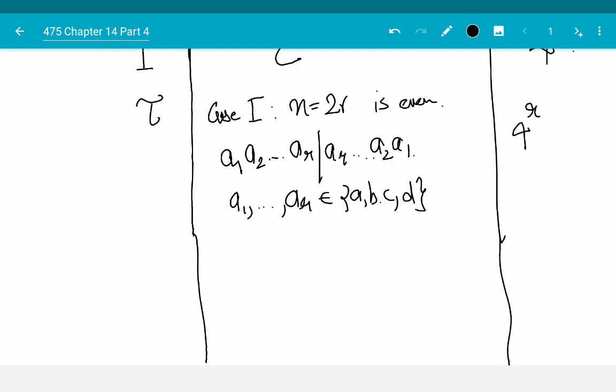I'm not writing it as 4 to the n over 2 because I want to be slightly lazy.